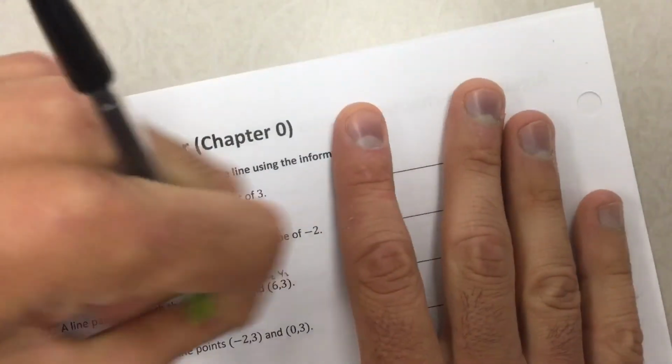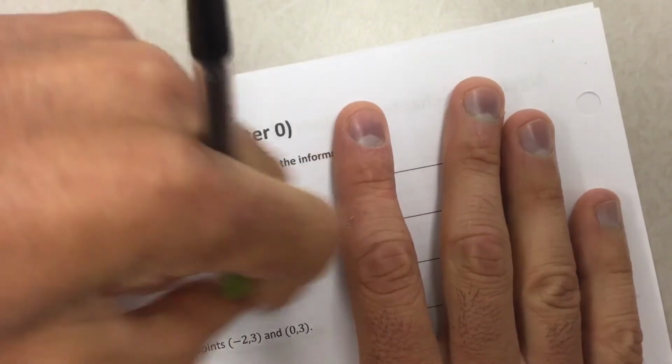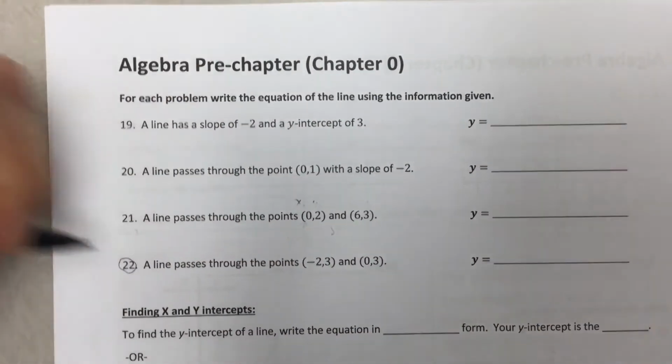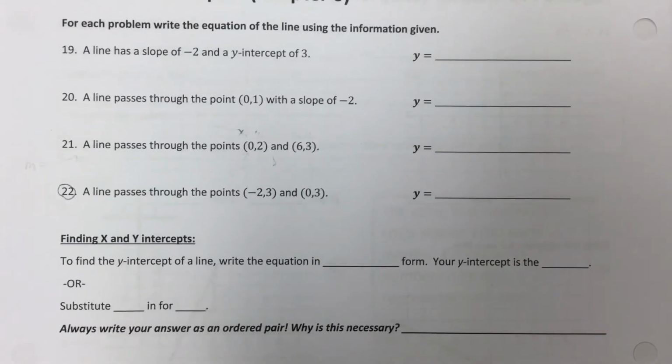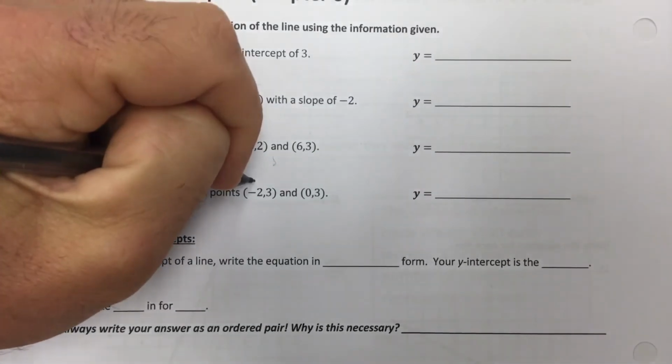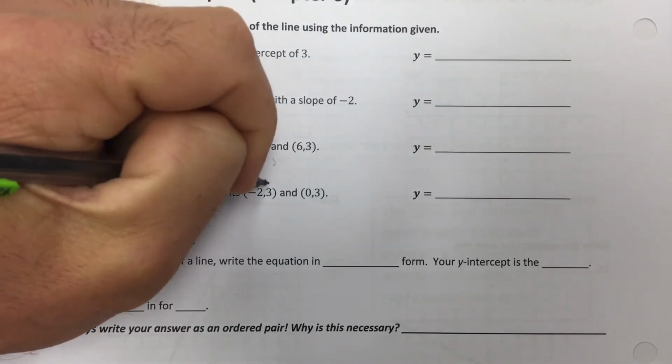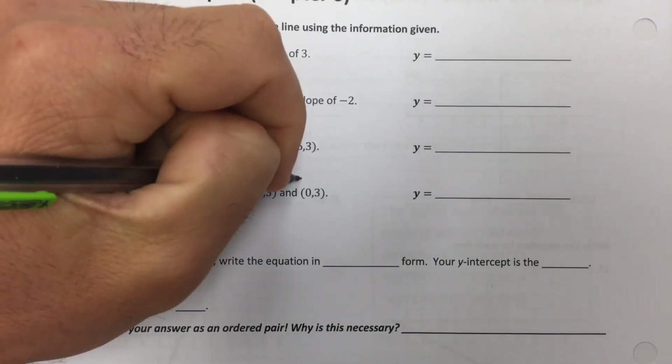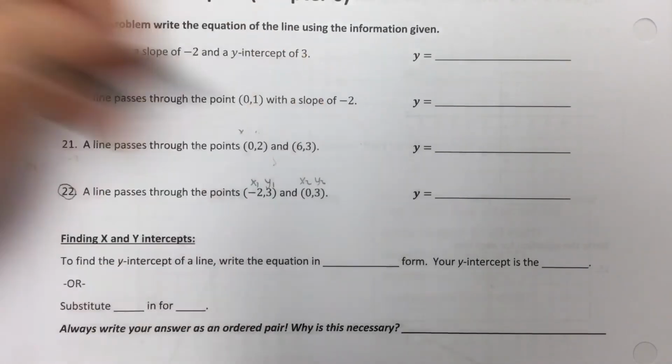So you know what? We're going to do the next one. So we'll do 22. For 22, I have to find my slope first: x1, y1, x2, y2.